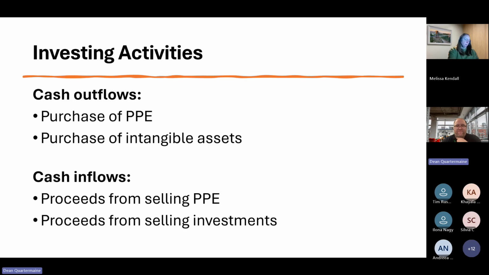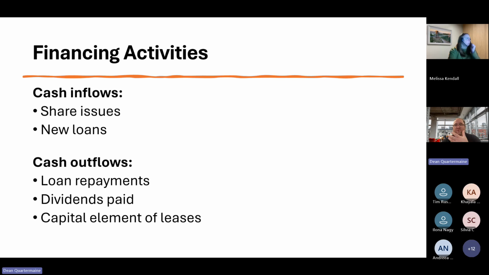The final type of cash flow that you can get then is from so-called financing activities. So this reflects how a company finances its operation and its investments. So cash inflows from financing activity, issuing of new shares. So if I issue new shares in my business, somebody's going to buy them, that's going to see a cash inflow into my business. Same as if we offered any form of loans from our business.